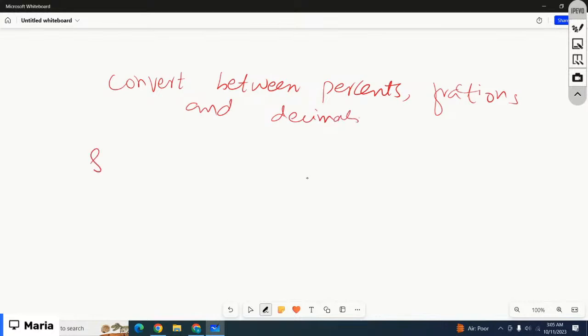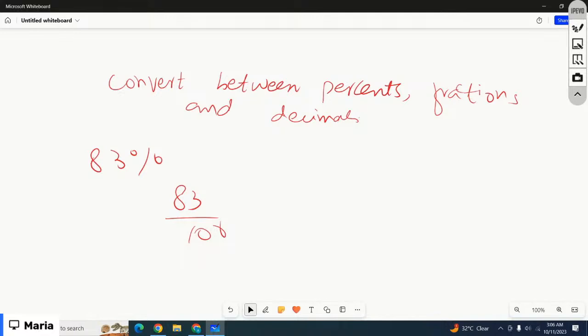So for example, you are given the question in percentage form, 83%, right? You have to write down the answer in the simplest form. So how do you write 83%? That means 83 out of 100, right? The correct option is 83 out of 100. So it is already in simplified form.